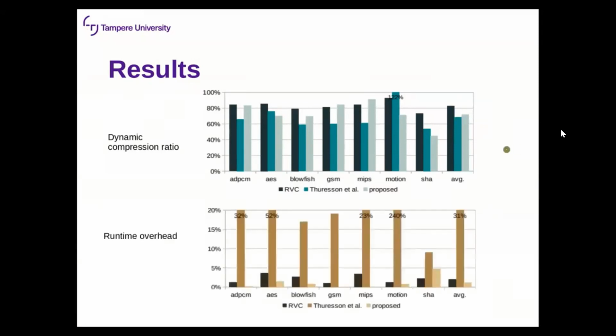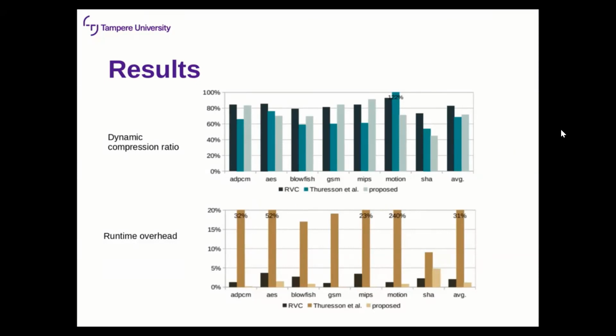However, if we take a look at the runtime overhead, we can see that the method by Turesson et al. performs significantly worse. This is due to them compressing all of the instructions in the program image. As we talked about before, this can lead to excessive overheads inside loops. If you have a programming instruction inside a loop, you will always have the overhead in each iteration.